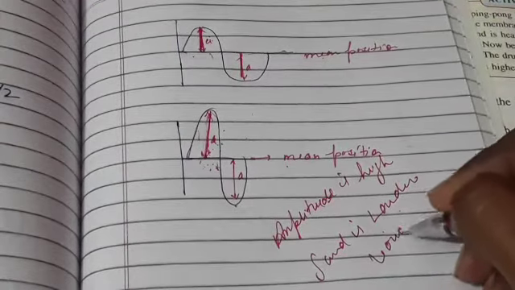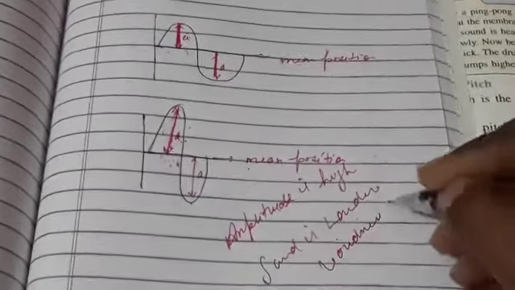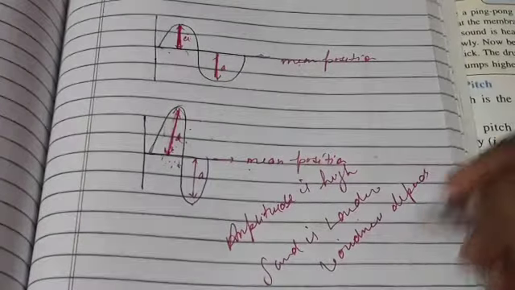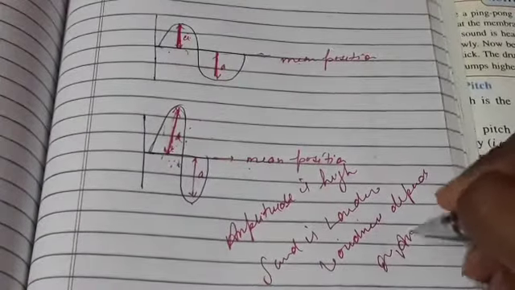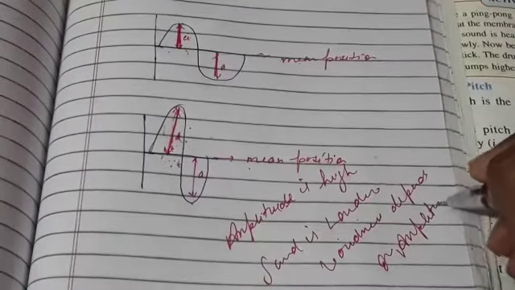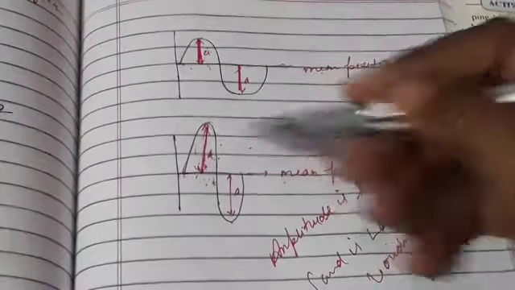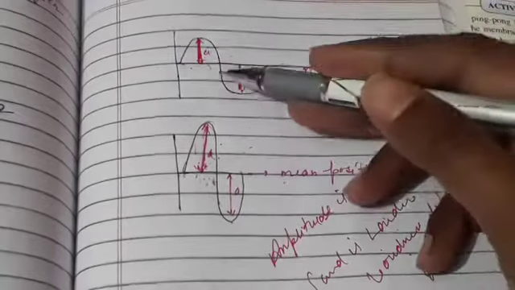It means your loudness depends on amplitude. More the amplitude, more is your loudness. Less amplitude, less loudness. So class, to understand amplitude, if I am talking about a guitar or sitar, suppose these three are the strings.